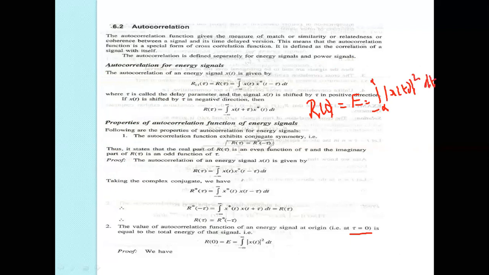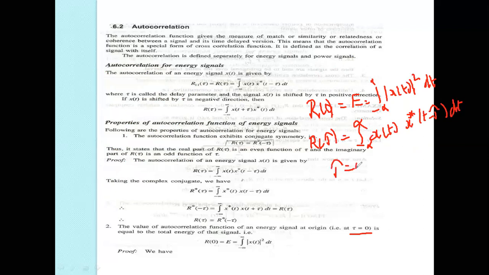You know, this is the formula for the energy signal we studied in the orthogonality function. What is the autocorrelation function formula? R of tau is equal to the integral from minus infinity to infinity of x of t x conjugate of t minus tau dt.